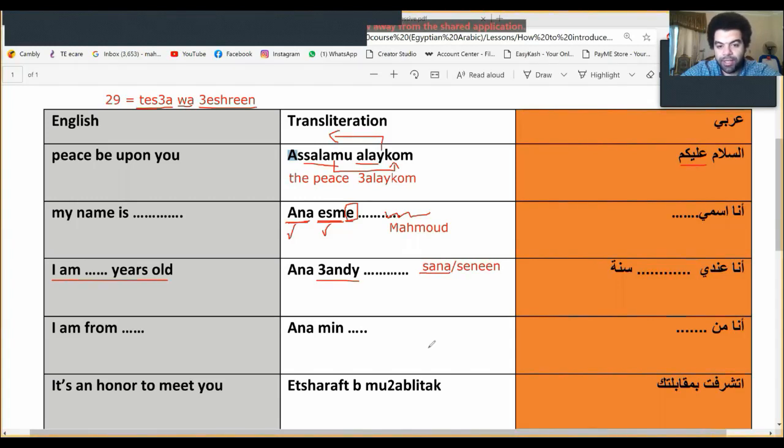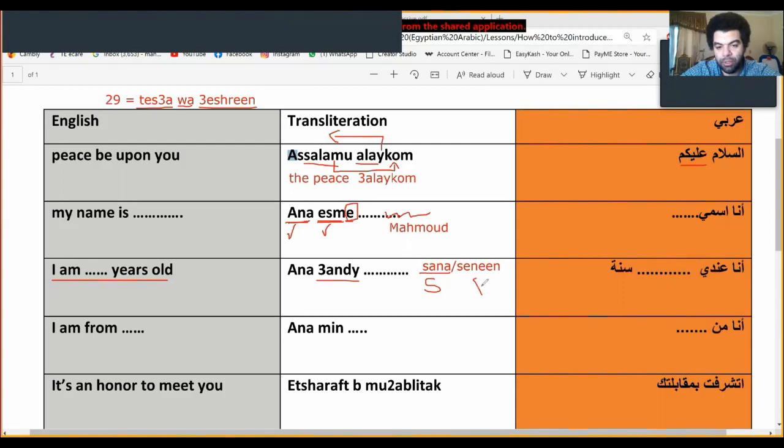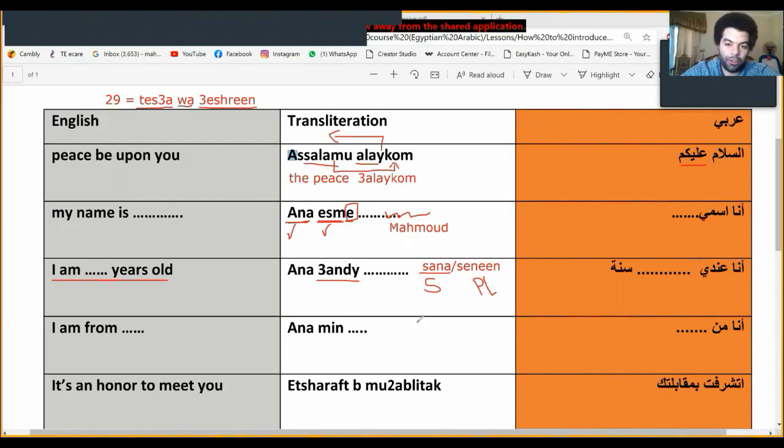Sana is actually singular and sinin is plural. Now, I know you're asking, how can it be singular if it's more than one, right? Okay, in Arabic, if you're counting, like saying the age or counting the number of dogs or chairs, if the number is more than 10, so starting from 11, we don't use the plural anymore.